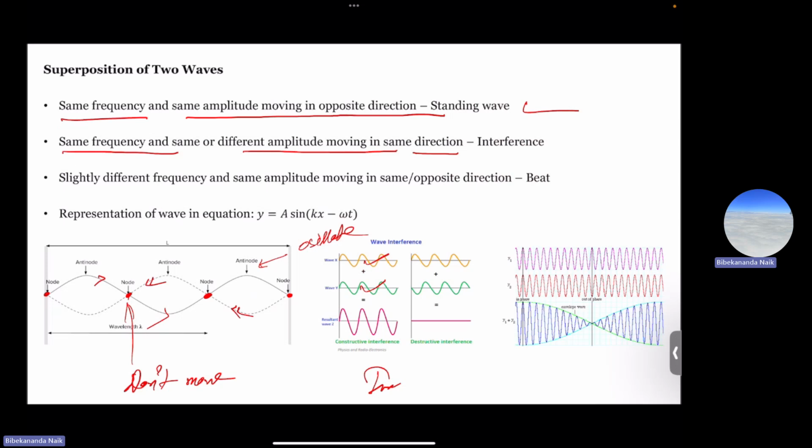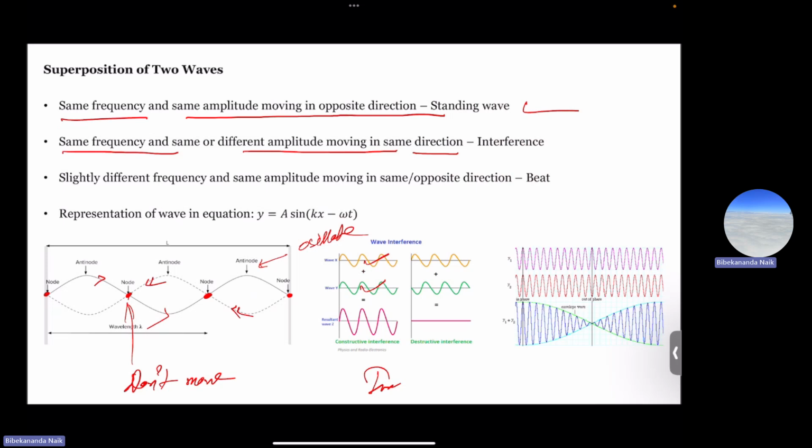When the phase difference is 180 degrees, they will interfere destructively. If the phase difference is 0 degrees, then they will interfere constructively. That may lead to higher amplitude in case of constructive interference, and lower amplitude in case of destructive interference.